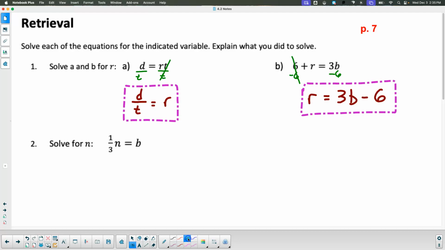Because I want to multiply by 3 over 1 here, and then those 3's cancel each other out. So then I multiply by 3 over 1 there, or just by 3, and then that gives me N equals 3b there. Okay. Would have accepted dividing by 1/3 there, because that's the same as multiplying by 3. Okay. Love it. Forgot to box my answer.